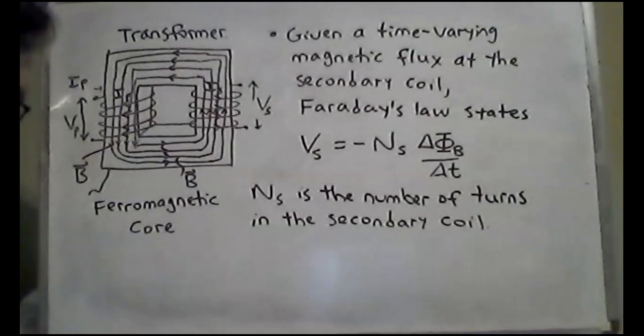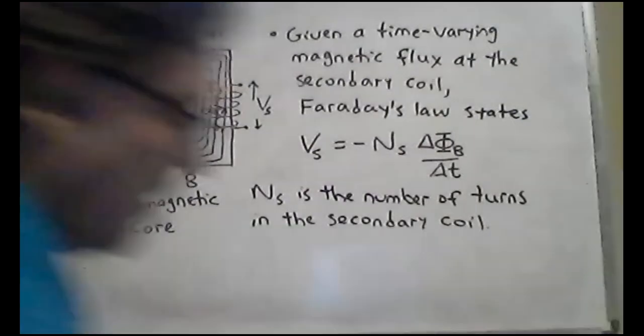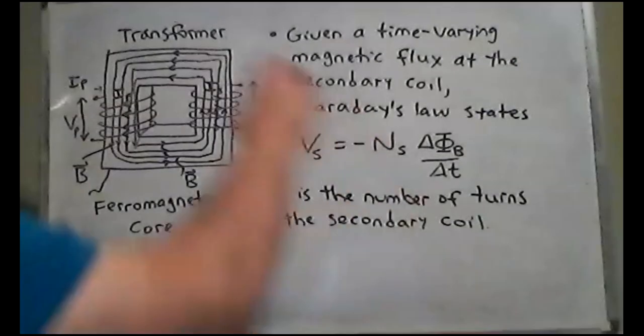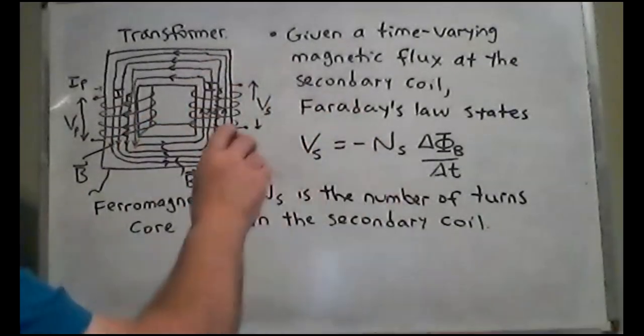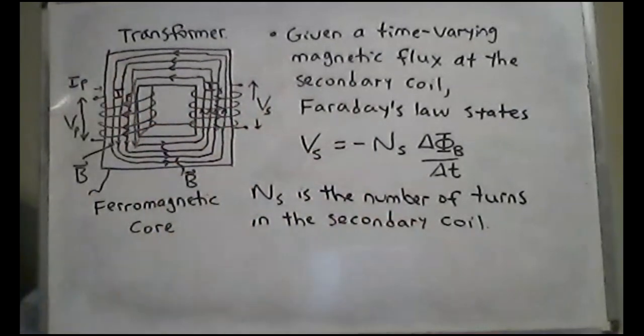Now, given that the magnetic flux is everywhere the same, the magnetic flux anywhere else along here is going to still be the same delta phi sub B with respect to t, including at the primary.